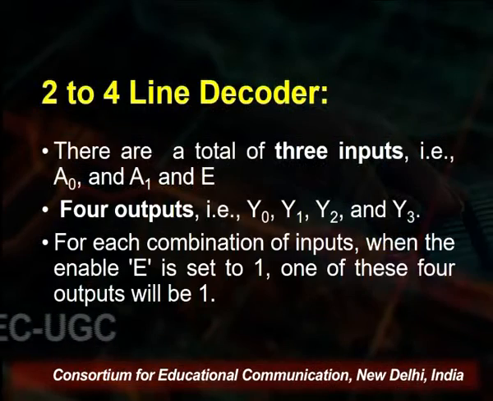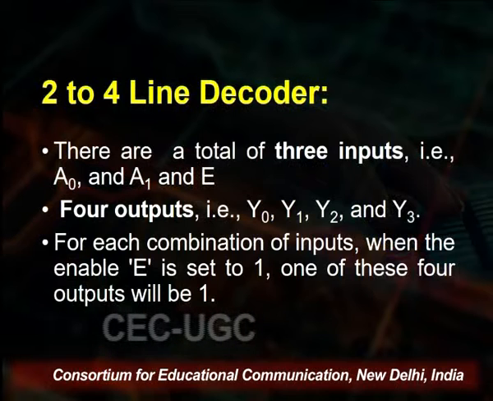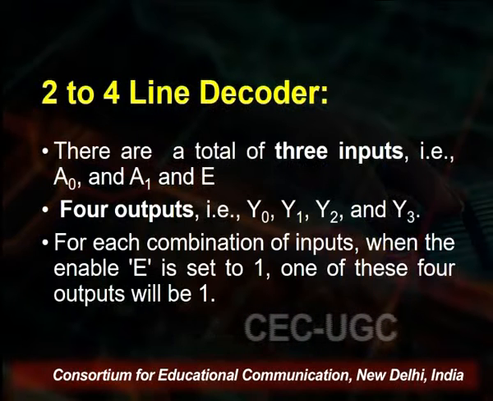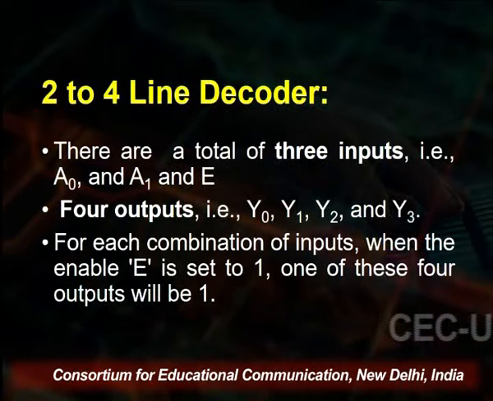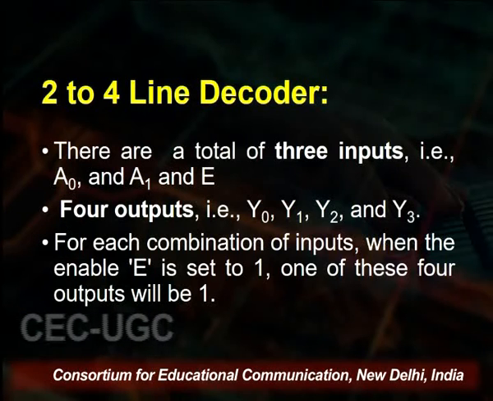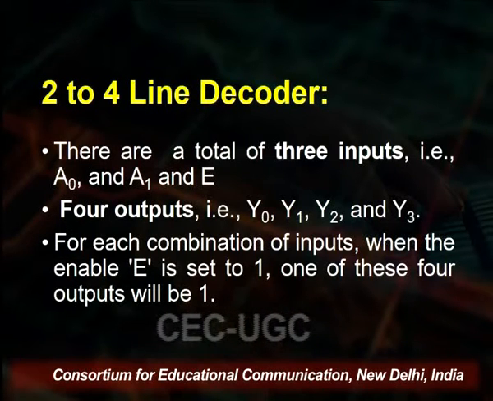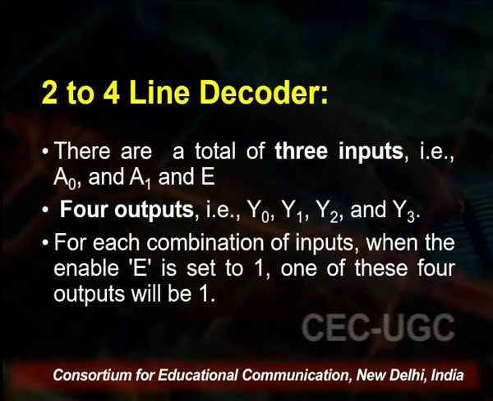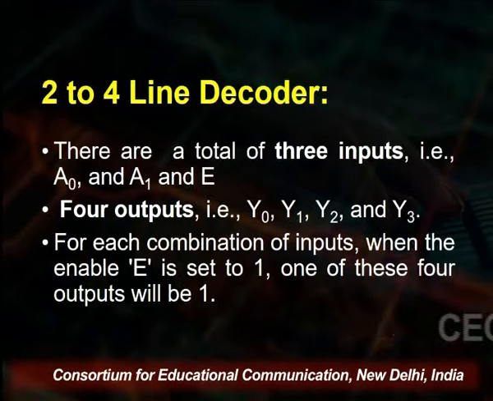Let's take a 2 to 4 line decoder. Again, n is the number of inputs and 2 to the power n is the number of outputs. So you have 2 inputs, and 2 to the power 2 is 4, so it is a 4 output line decoder. There are going to be 3 inputs, A0, A1 and the enable E, and 4 outputs, Y0, Y1, Y2 and Y3.